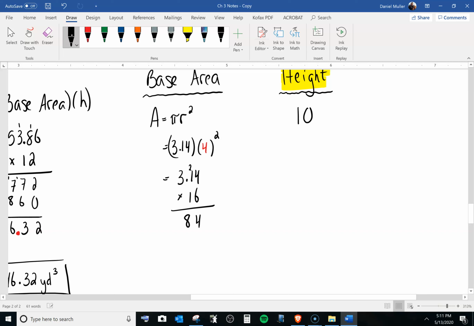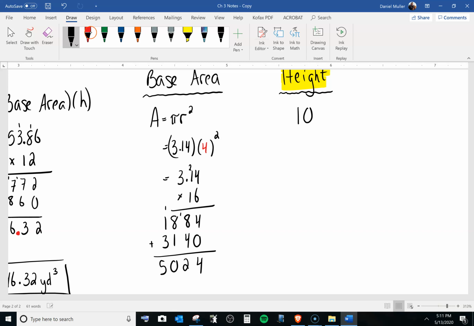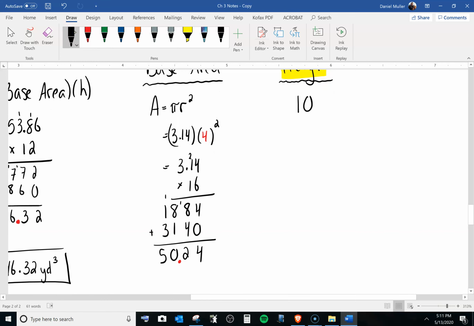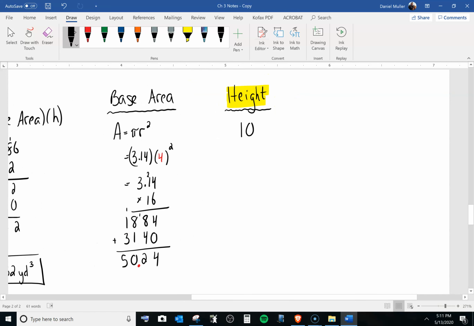And then 6 times 3 is 18. There's a 0, and then 1 times 4, 1 times 1, 1 times 3, and I can add them. 4, 12, 8, 9, 10, 3, 4, 5. And are there 2 decimal spots? Yes, there are, so I will do that, 50.24. So that's our base area, and then we have a height of 10.